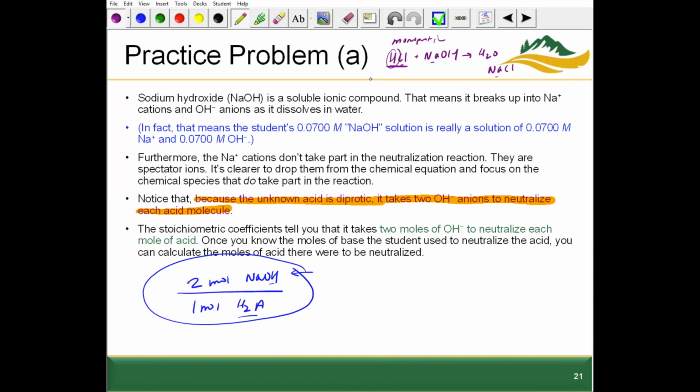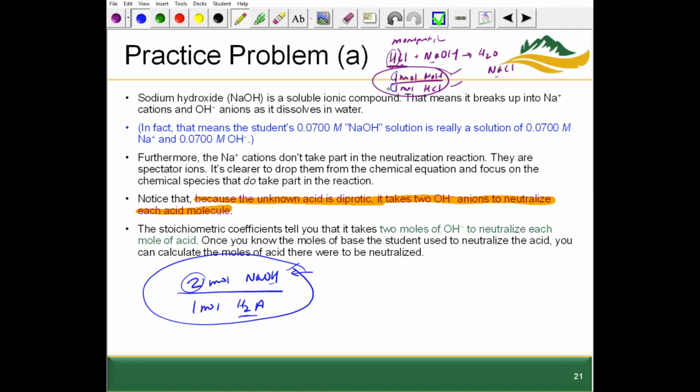For a monoprotic acid, we then have 1 mole of NaOH for every 1 mole of HCl. Notice importantly for monoprotic acid, 1 mole of base to 1 mole of strong acid. For a diprotic acid, 2 moles of strong base to 1 mole of this diprotic acid. So 2 to 1 and 1 to 1.